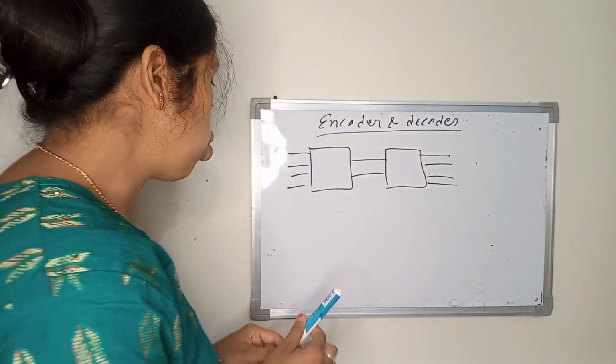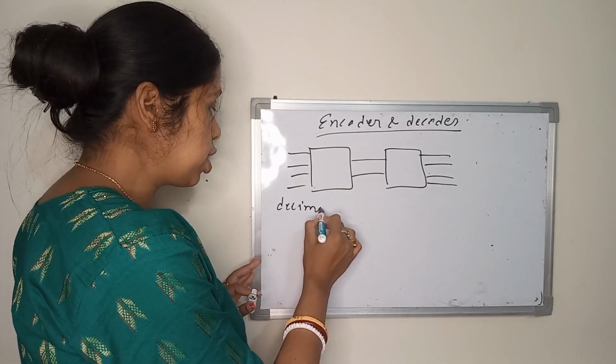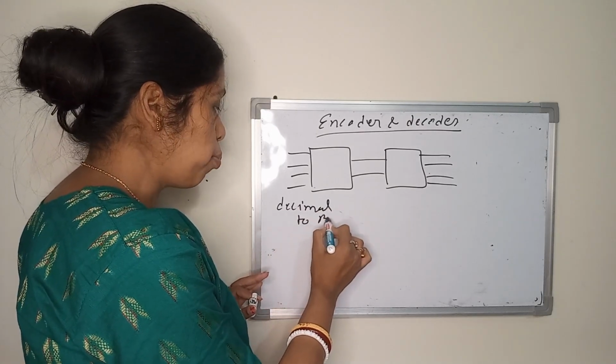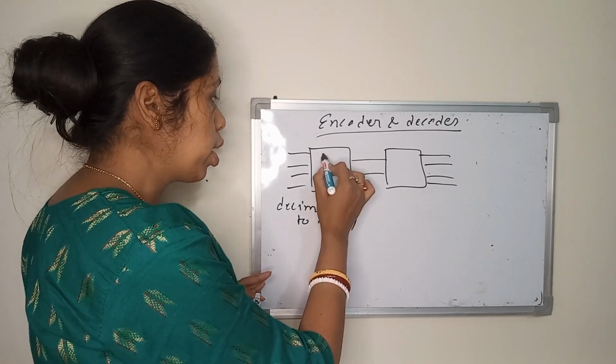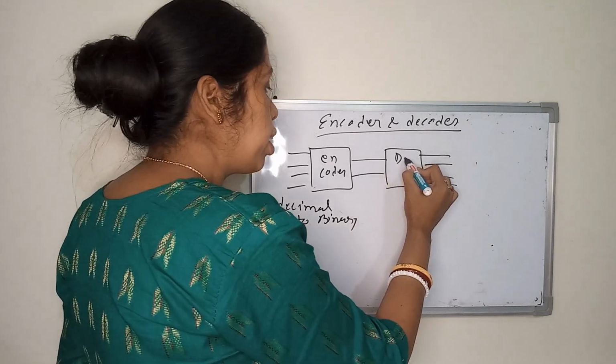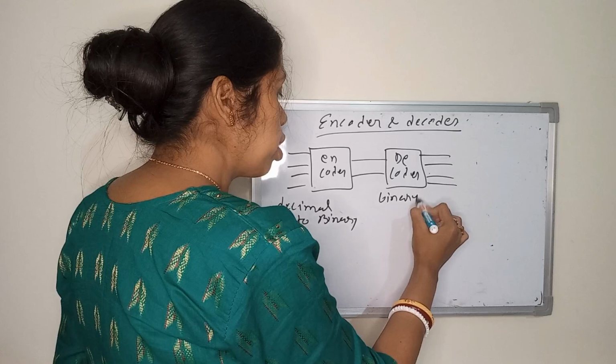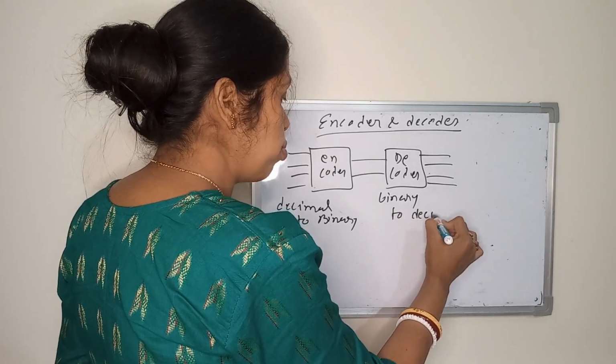Mainly the basic thing is decimal to binary for the encoder, and binary to decimal for the decoder.